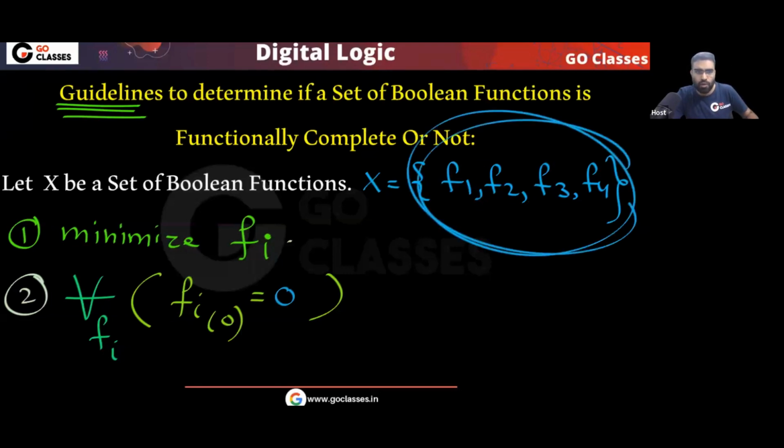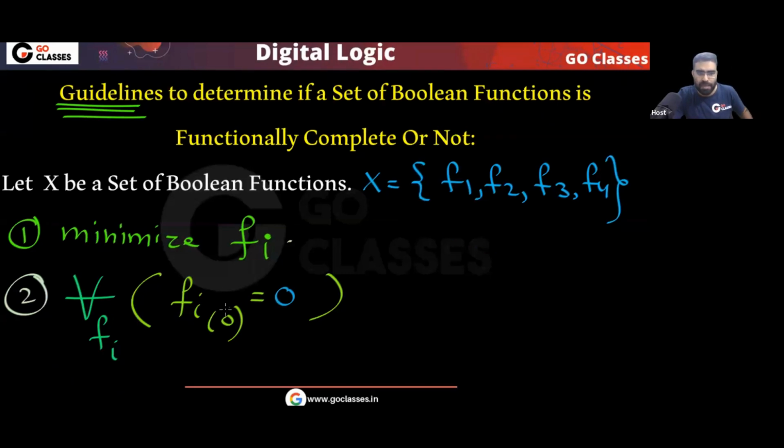If for all fi, replacing all the variables by 0 gives 0, then what can I say? Then I can say this set X is not functionally complete. Is this clear? This is your second guideline.